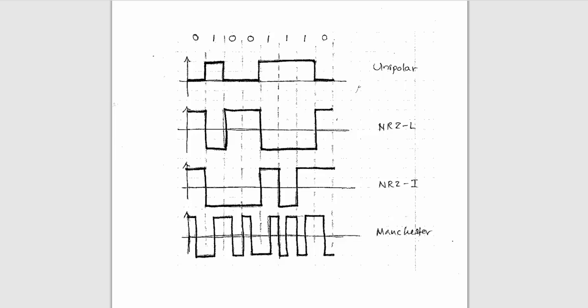After 2 zeros we have 1. That means one transition should be there. That means go up, and then another one means you have to make a transition again. The signal goes down, and then another one. That means again we have a transition. That means the signal goes up, and then finally you have 0. That means we do not make a transition.